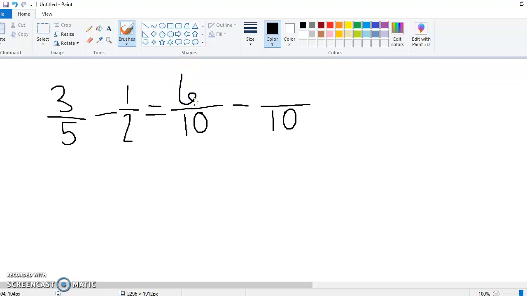Then I should know that half would be 5/10. But just in case I forgot, I multiplied this 2 by 5 to result in 10. So 1 times 5 goes here, which is 5, which gives me an answer of 6 minus 5 is 1. And then I never subtract my denominators, and I would have an answer of 1/10 here.